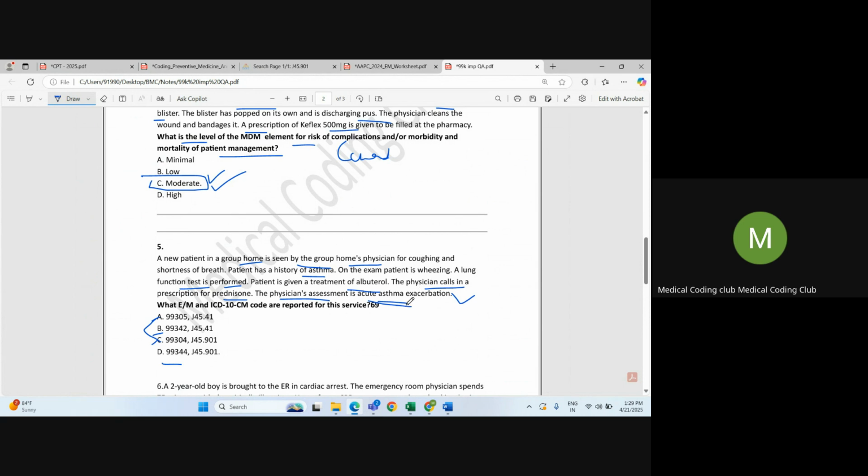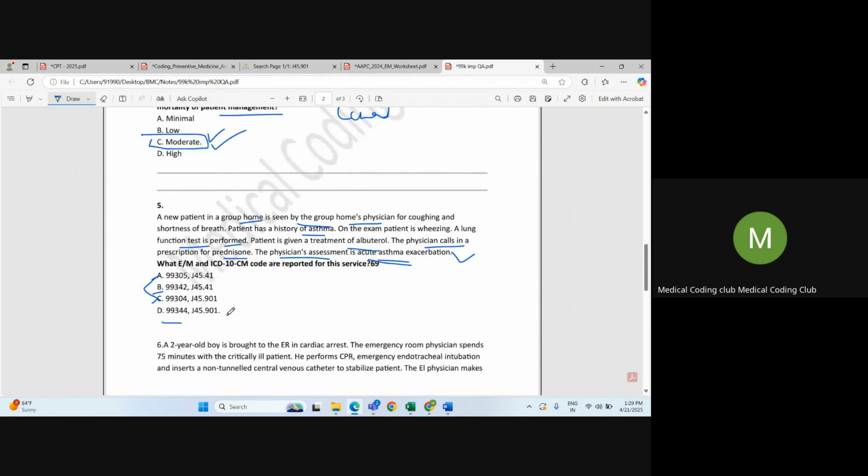So what they have done is given ICD codes. Option B is 99342 with J45.41, and option D is 99344 with J45.901. Before ICD, let's find the CPT. What are 99342 and 99344?